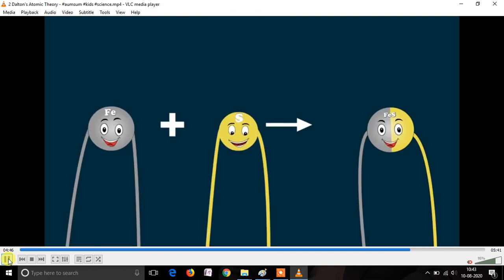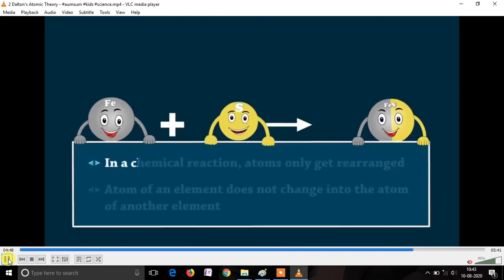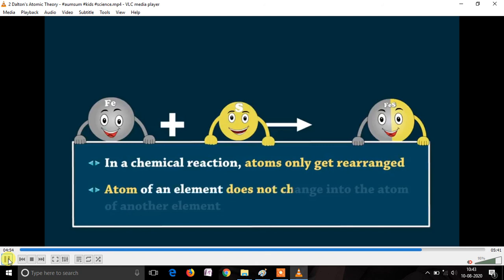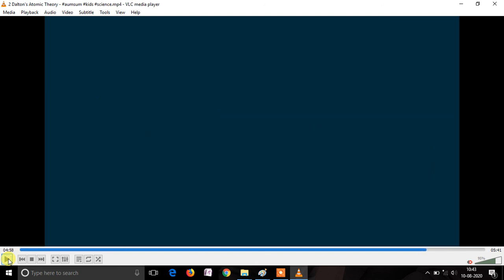And iron sulfide is a compound. Only the atoms can be rearranged in a chemical reaction, while the atom of an element does not change into an atom of another element.